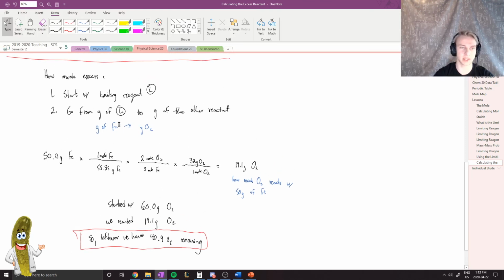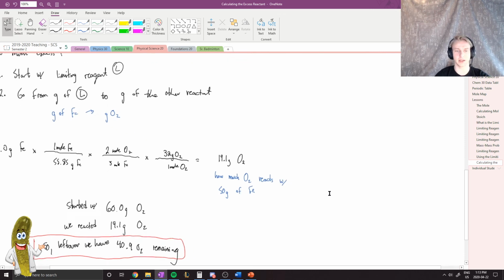So what we did is we said, let's go from grams of the limiting reagent, this L with a circle through it, to grams of the other reactants. So we went from grams of Fe, used our molar ratios, and then got into grams of oxygen. And that told us how much oxygen could possibly react with 50 grams of Fe.